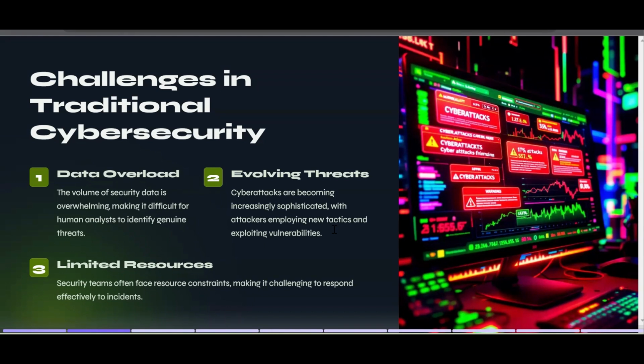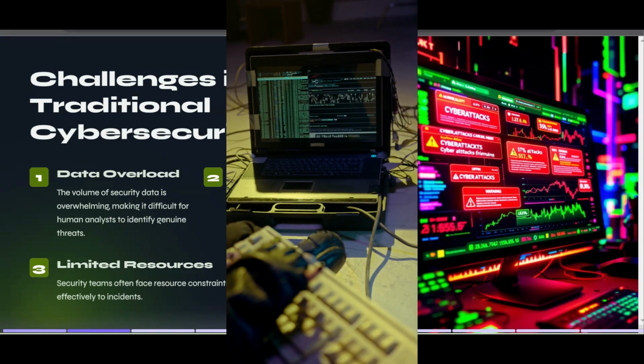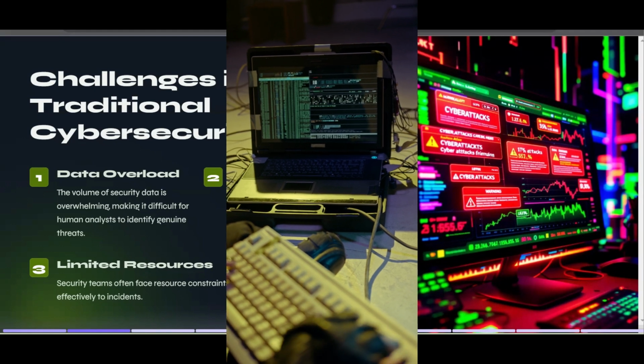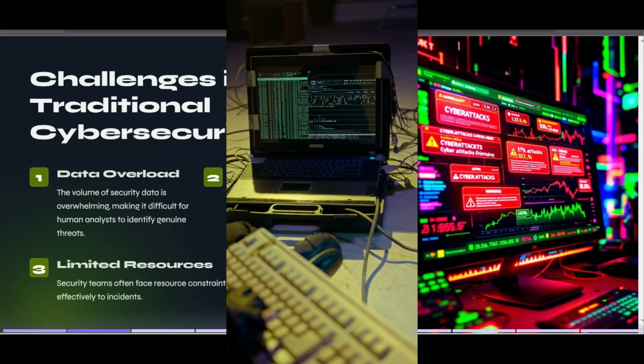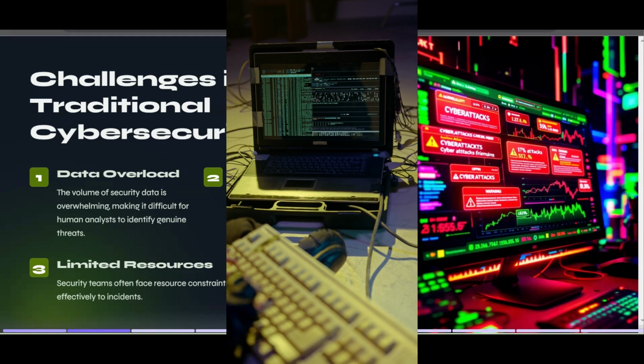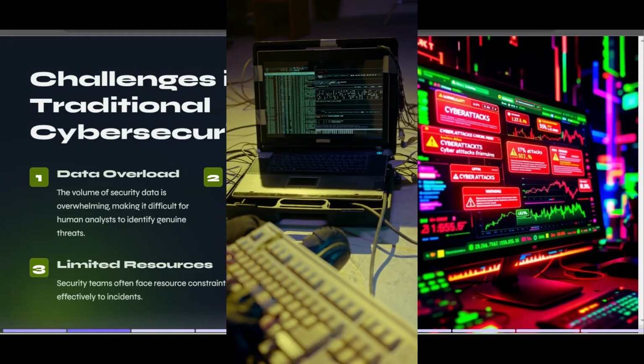It makes it difficult for human analysis. Obviously, our capabilities are very limited. We cannot go beyond certain limits. So it makes it more difficult to analyze the huge, tremendous amount of data and identify the genuine threats out of it, right?